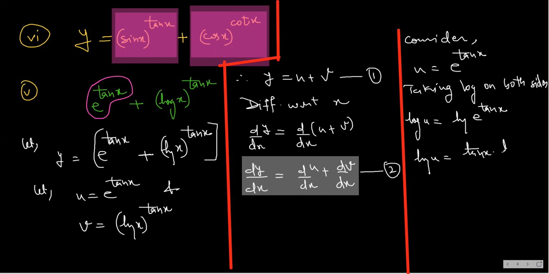This tan of x becomes the coefficient. You know the base is e, so log e to the base e, it is 1. So you have log of u equals tan of x into 1. So I will write here now log of u equals tan x.